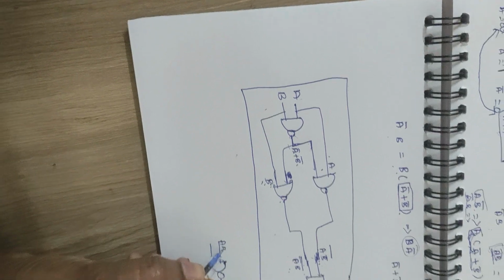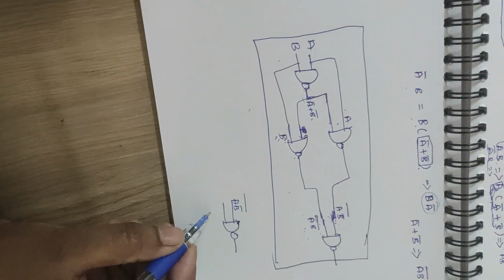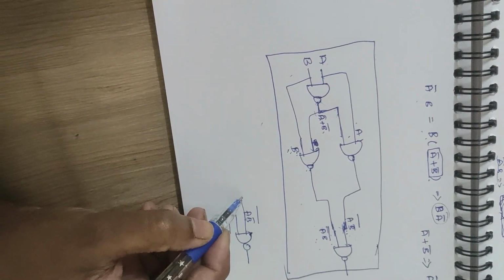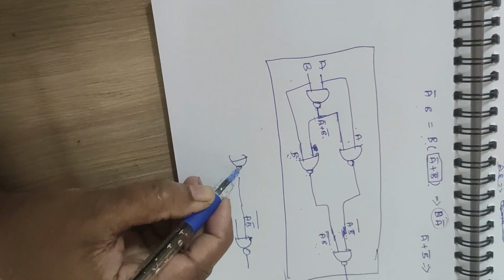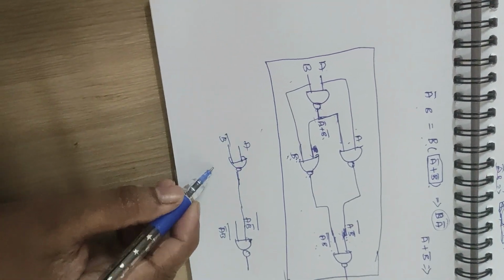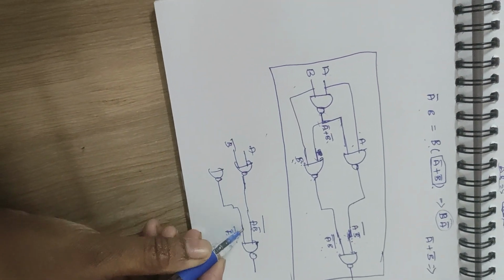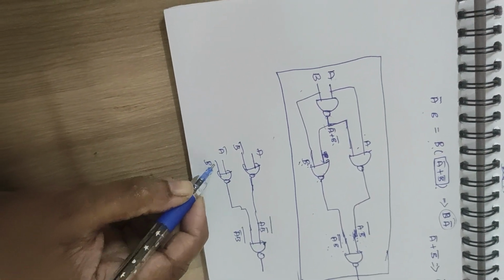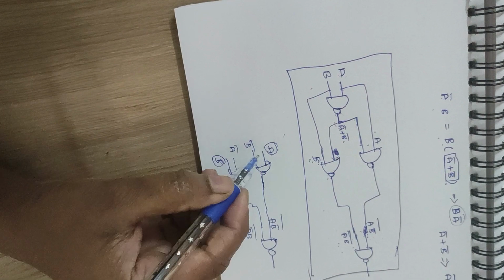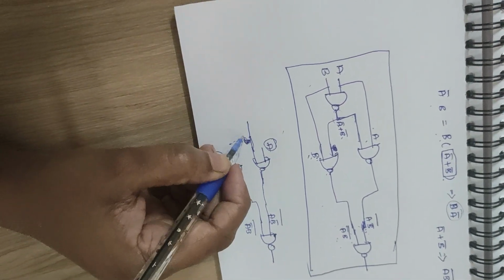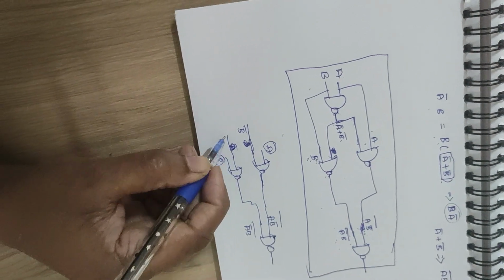So here we will be expecting the A B bar the whole bar, and here we will be expecting A bar B the whole bar. So for your previous NAND gate, what you need, one input you need A, and one input you need B bar, and here you need one input A bar and one input B. So ready-made inputs are only A and B, and for A bar and B bar you need another one, because the A bar and B bar won't be ready-made.